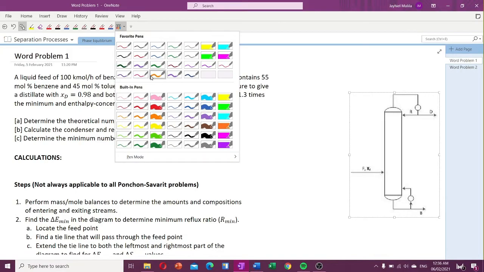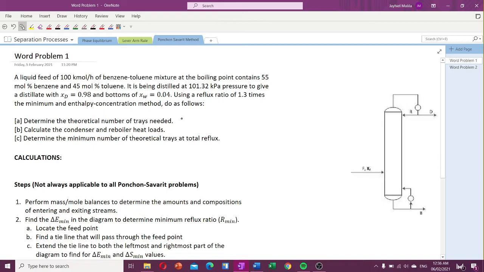Okay, so we have here a word problem on continuous distillation design using the Ponchon-Savarit method. The problem states that there is a liquid feed of 100 kilomole per hour of a benzene-toluene mixture at the boiling point, which contains 55 mole percent benzene and 45 mole percent toluene.